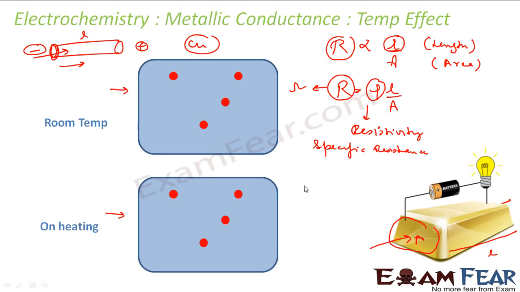So rho is nothing but RA by L. R is in ohm, area is in meter square, length is in meter. Meter square and meter cancel, and you get ohm meter. If you put area in centimeter square and length in centimeter, you get ohm centimeter. Sometimes ohm centimeter or ohm meter is used, but the SI unit is ohm meter.